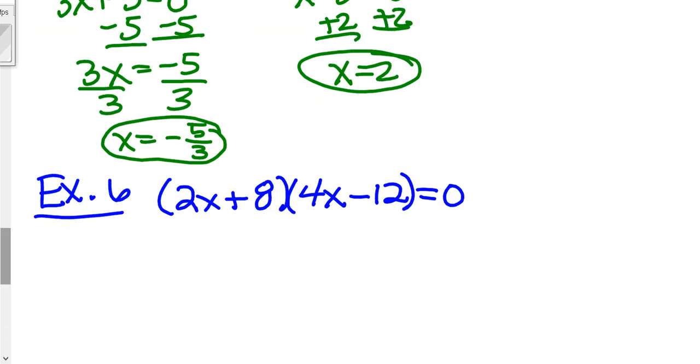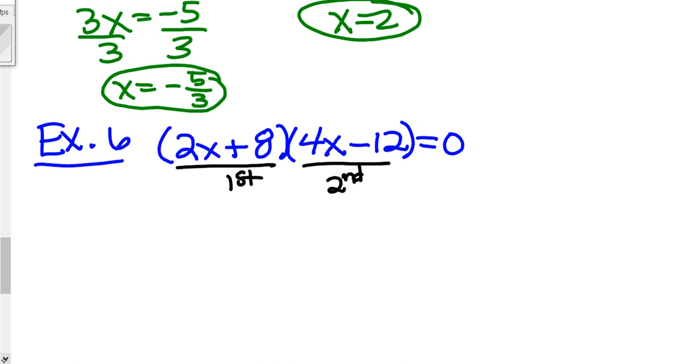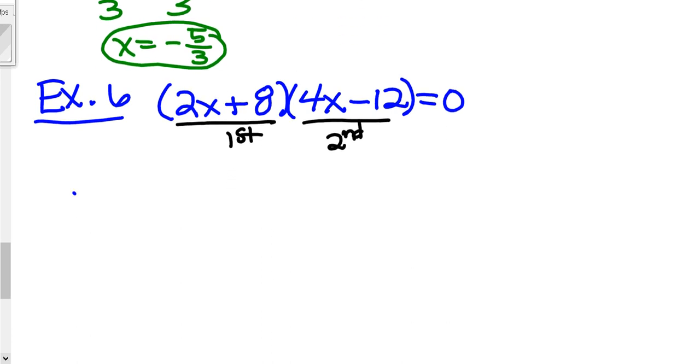Okay. Again, we got two parts here. First part, second part. I'm going to go back. Let's solve for the first part here, which is 2x plus 8 equals 0.